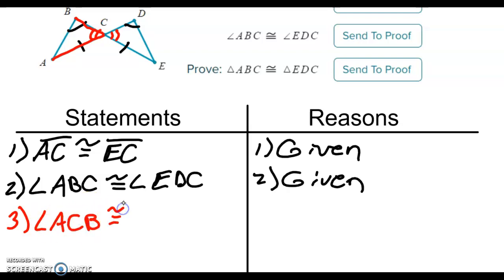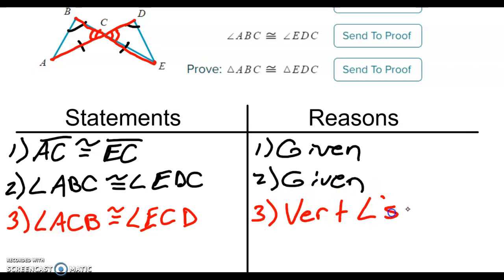And then that's going to be congruent to, and we want to name this correspondingly, E is correspondent to A there, so then ECD. Angle ECD would be the correct name for that next angle. So those two are going to be congruent because they are vertical angles. And we know that vertical angles are congruent.